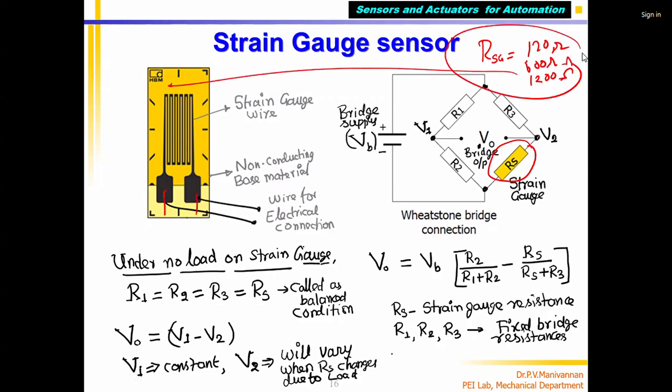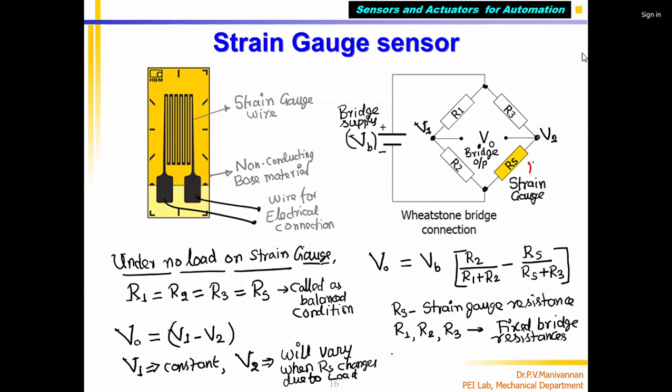If I measure the resistance with an ohm meter, it will be 120, 600 or 1200 ohms, a fixed resistance. For understanding purposes, I have bought a 120 ohm strain gauge, so RSG equals 120 ohms. Then these 3 resistors should be 120 ohms. These 3 resistors are called the fixed bridge resistances.